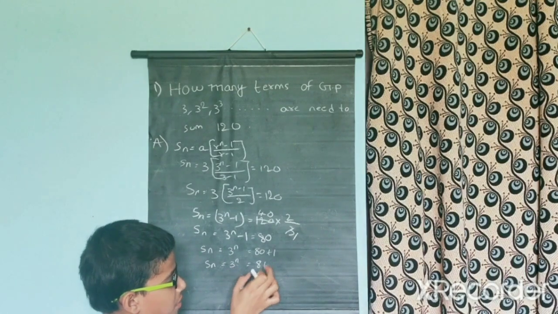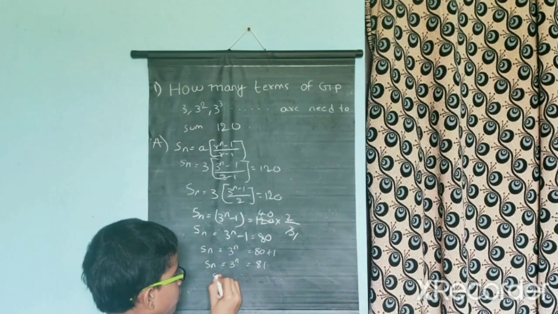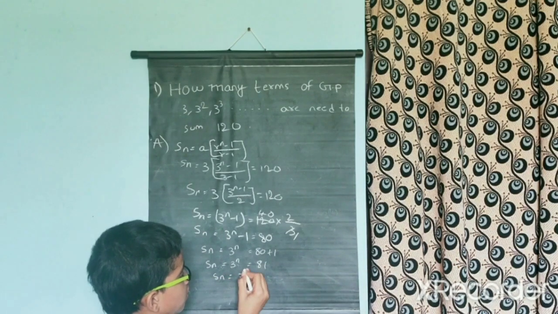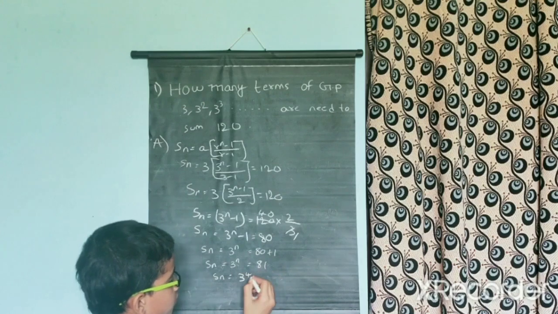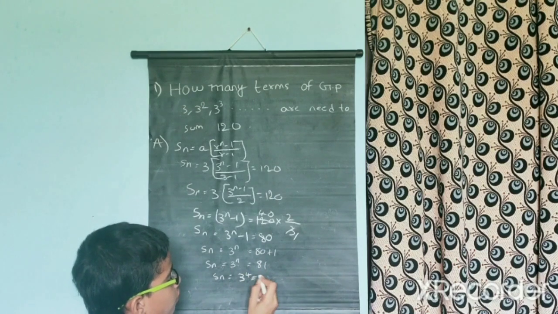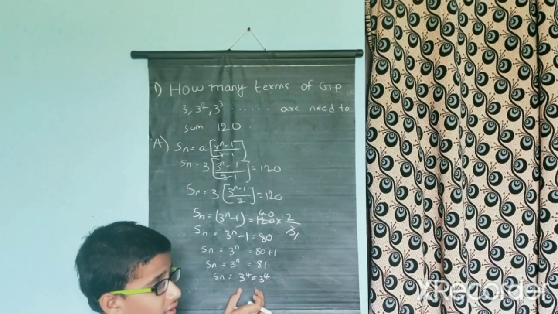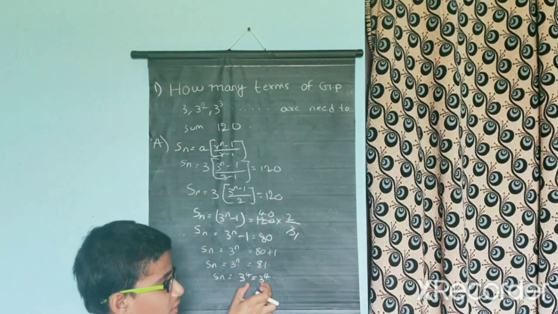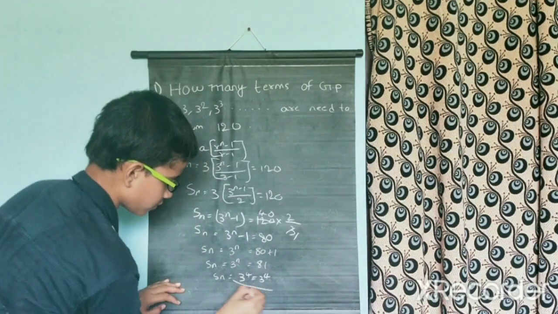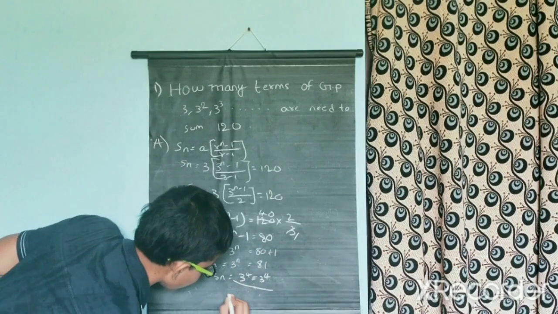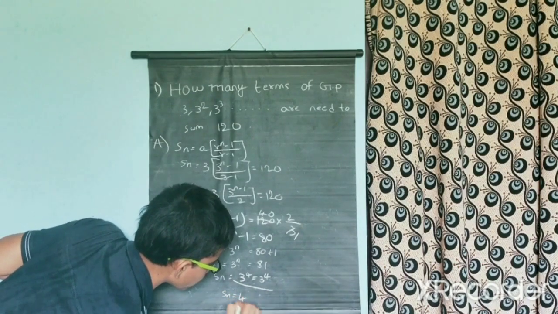When bases are equal, their powers should always be equal. So 3 power n equals 3 power 4, and n equals 4.